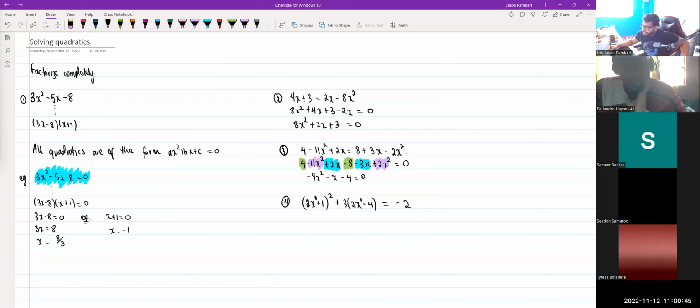But the brackets, especially the squared bracket, indicate that this is not really 2x plus 1. When I expand it out, I will end up getting a squared term inside of this expansion. So when you expand it out and rearrange, I want everybody to take a couple minutes, do this one, and tell me what you will get for this quadratic.